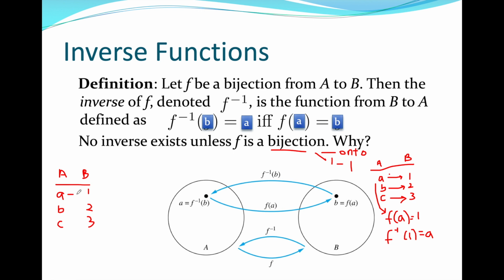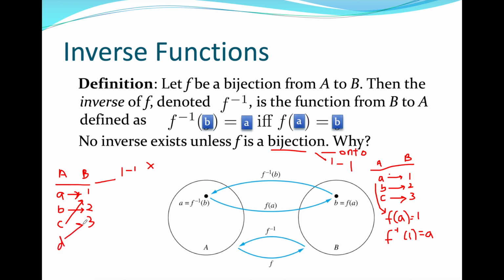Let's say f(a) is equal to 1, f(c) equal to 1, f(b) equal to 2. So in this case, this is not one-to-one, and also this one is not. Let me just give you an example.